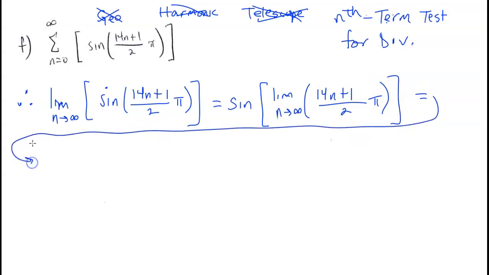Coming from here, of course, pi over 2 is going to be a factor that we can factor outside that limit operator. So we'll have sine of pi over 2 times the limit as n approaches infinity of 14n plus 1.